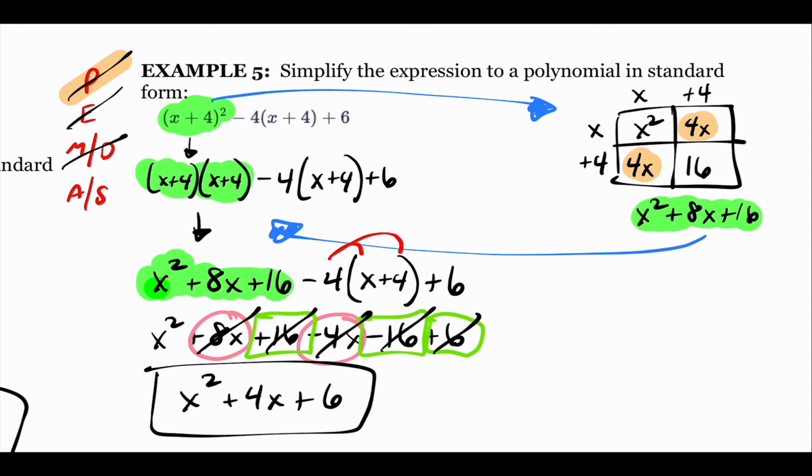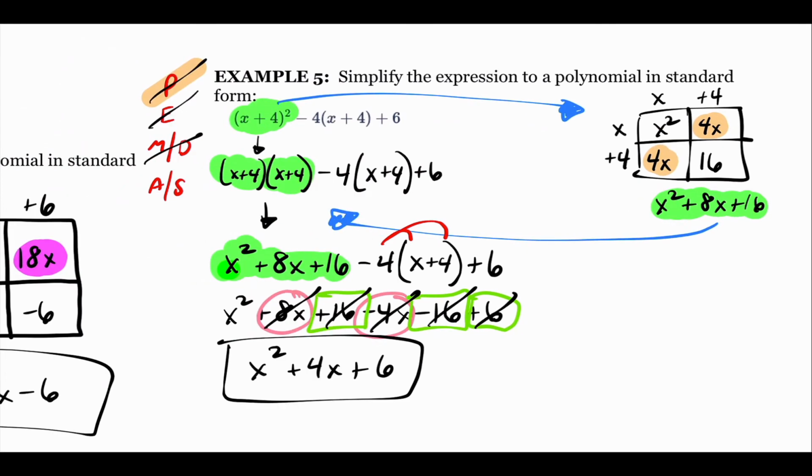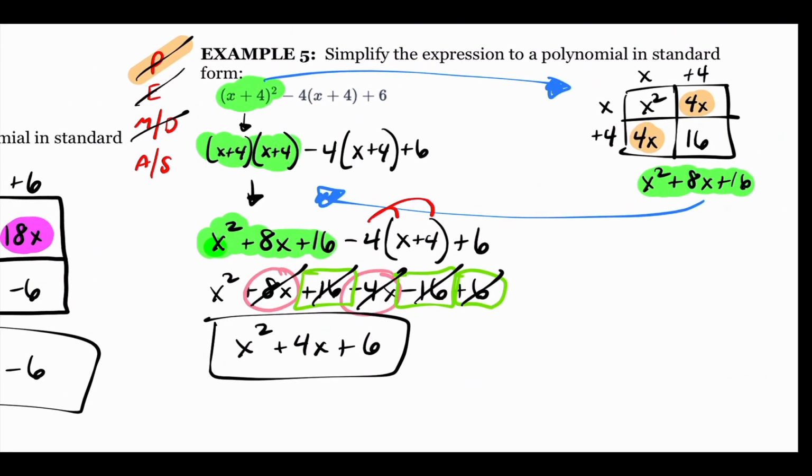Okay. All right, so I'm going to give you one more and then we'll be done. One more because there's one more type of problem. It's like number 5, except it's a little different. So I want to give you one more practice problem. Okay.